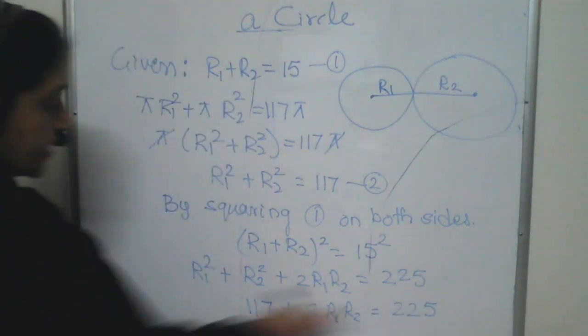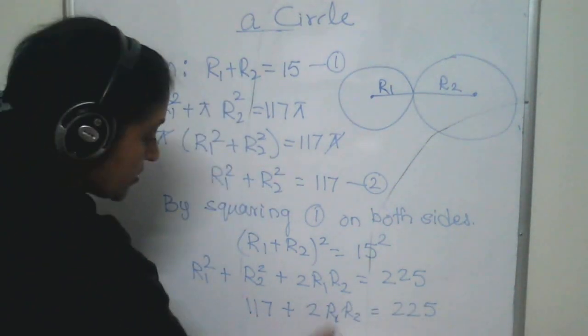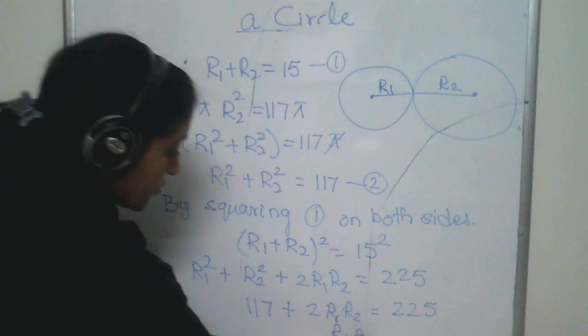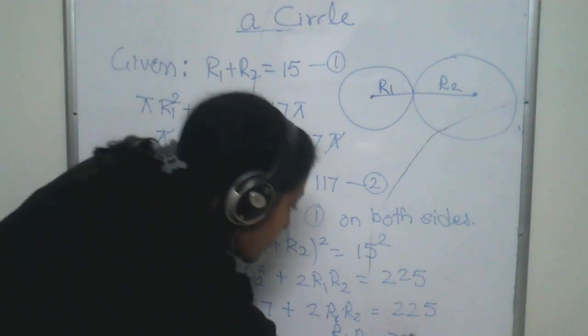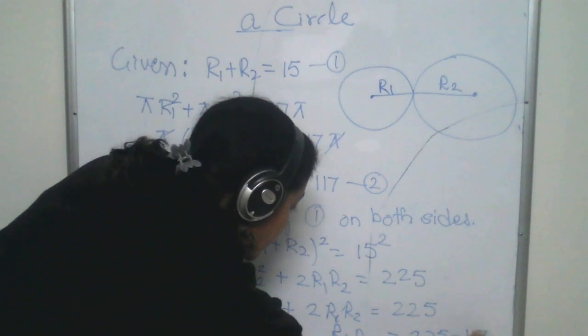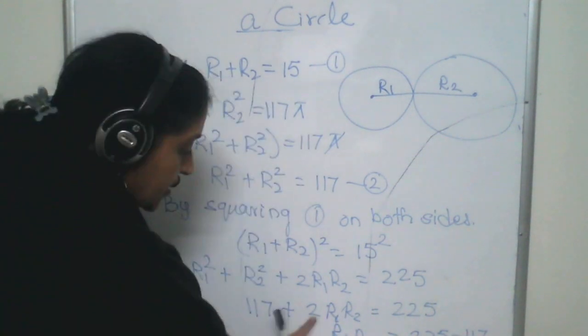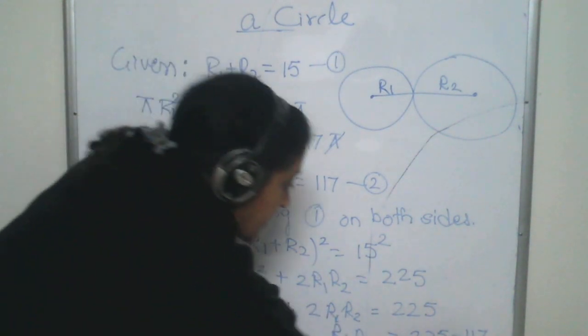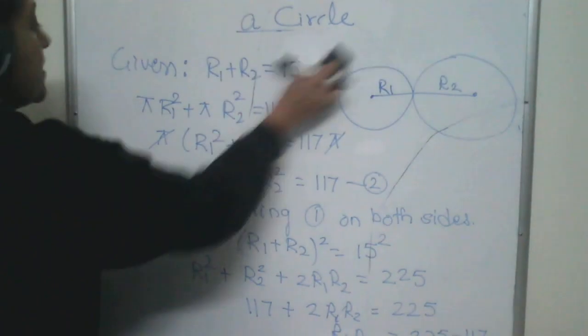Now we'll take this and subtract this. So r1 r2 is equal to 225 minus 117, and this 2 was in the multiplication, so we'll take it to the division.